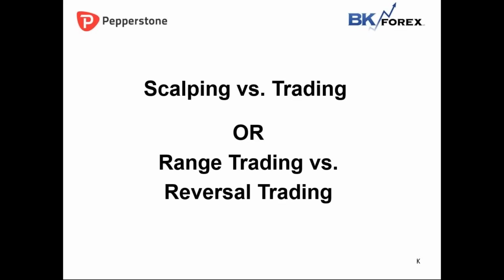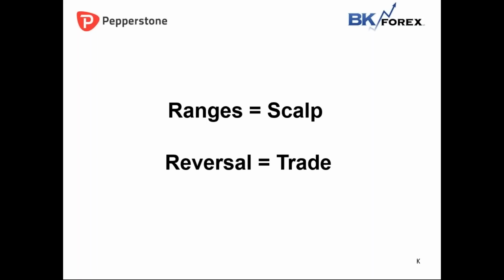Do you want to scalp versus trade? Or do you want to scalp and trade the top and bottom? Or do you want to try to pick a major reversal? Because the tactics that you use for these different types of setups can be very different. Now, range trading is for those of you that are into scalping, going for usually smaller moves within a very well defined range.